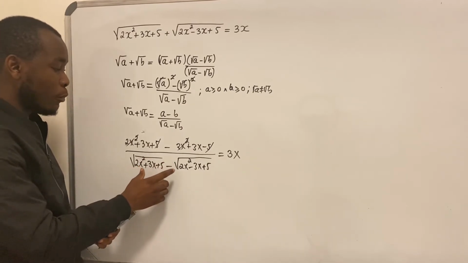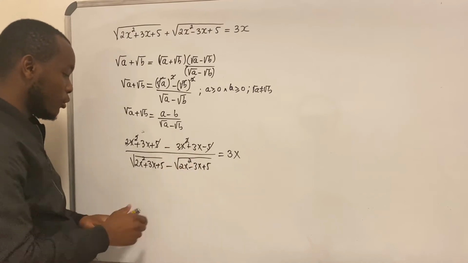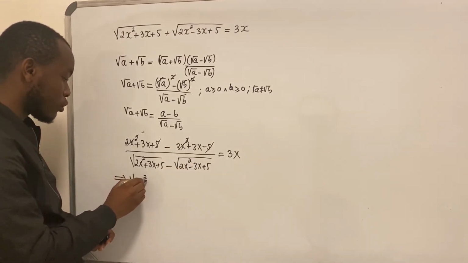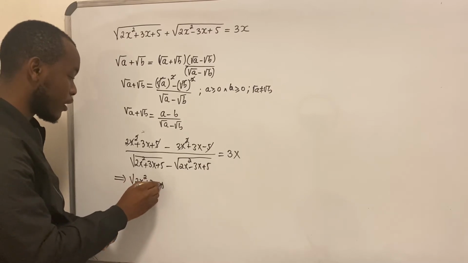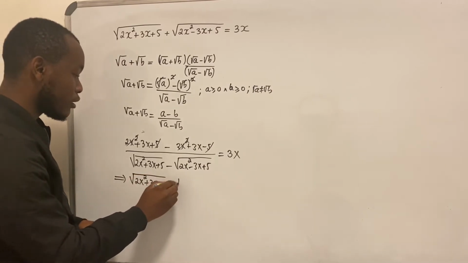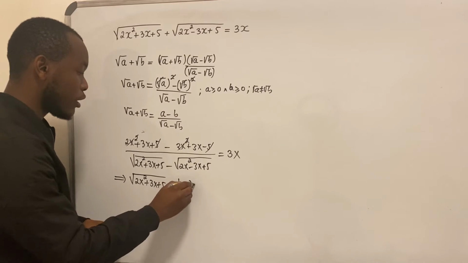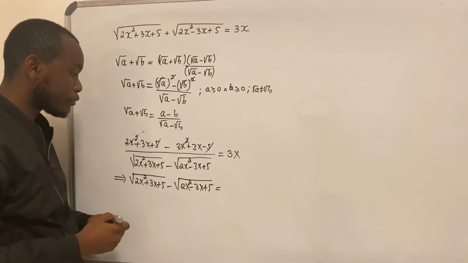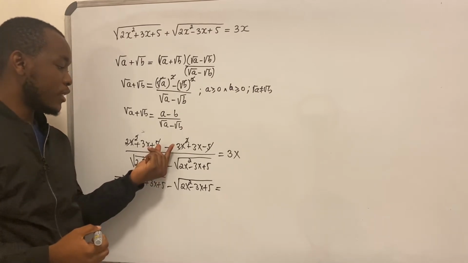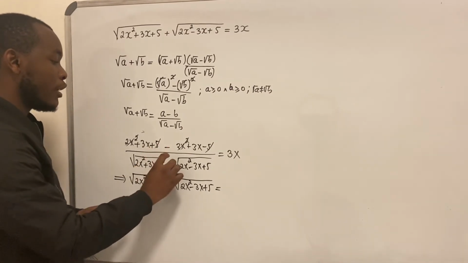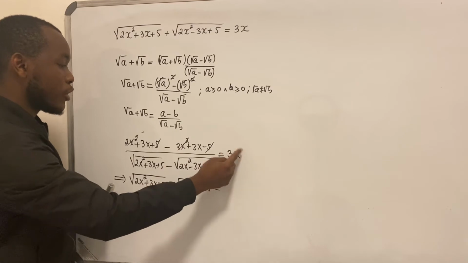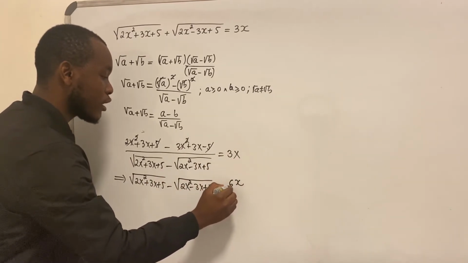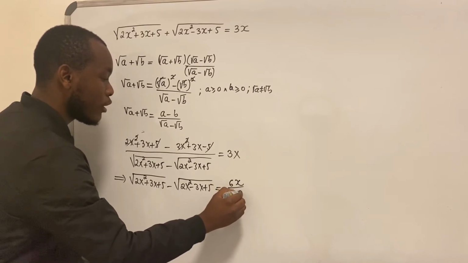So if we decide to isolate the denominator, then this implies that we're going to have square root of 2x squared plus 3x plus 5 minus square root of 2x squared minus 3x plus 5 equal, obviously here we have 6x. So if we isolate this expression, then this 3x comes this side dividing, then we're going to be having 6x over 3x.